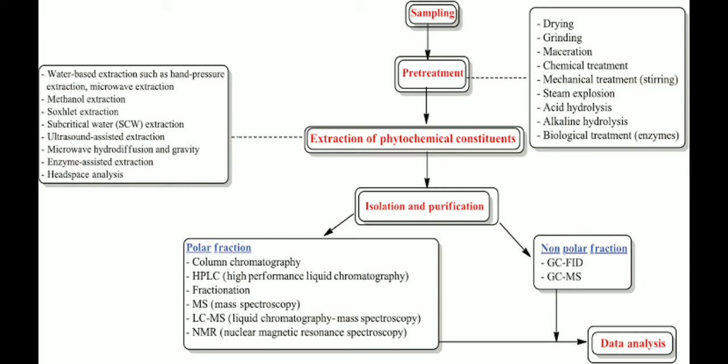The purpose is to increase the area of contact, because we are going to subject this ground material to a specific solvent, so that the molecule present inside that plant part will get dissolved in the specific solvent which we will use. So that's why, to increase the area, we do grinding.